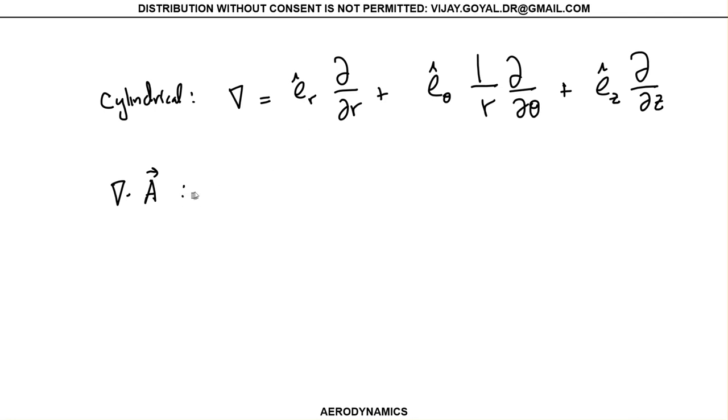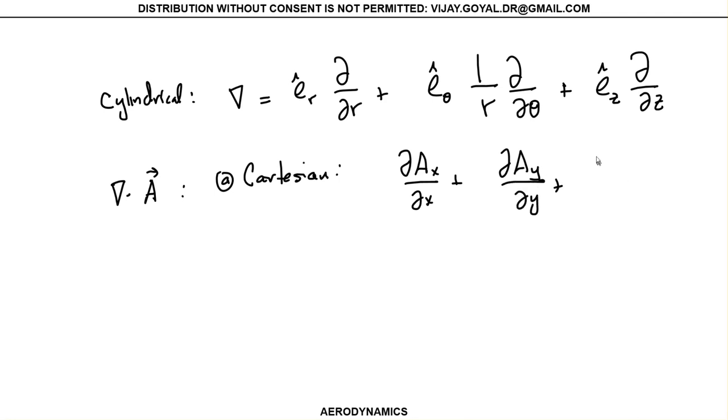If I'm working in, let's say, Cartesian coordinates, then you will end up with partial of AX respect to X plus partial of AY respect to Y plus partial of AZ respect to Z. Okay?